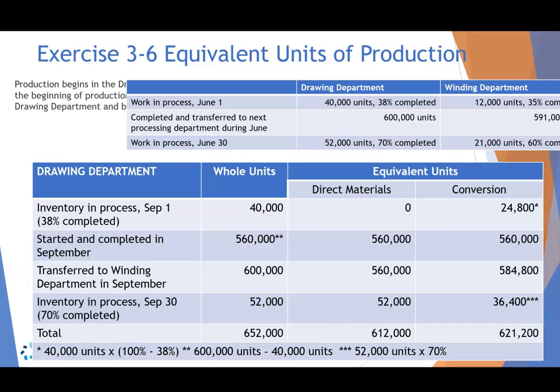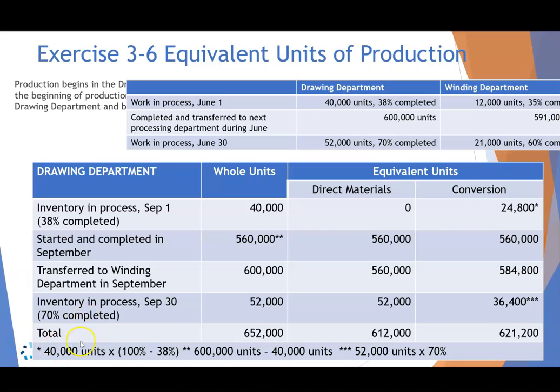So when we look at this slide, we know the equivalent units pertaining to the inventory in process. In terms of direct materials, there are 0 equivalent units because all the direct materials were added in the previous month. In terms of conversion costs, since 38% of the conversion costs were added in the previous month, that means 62% were added during this period.